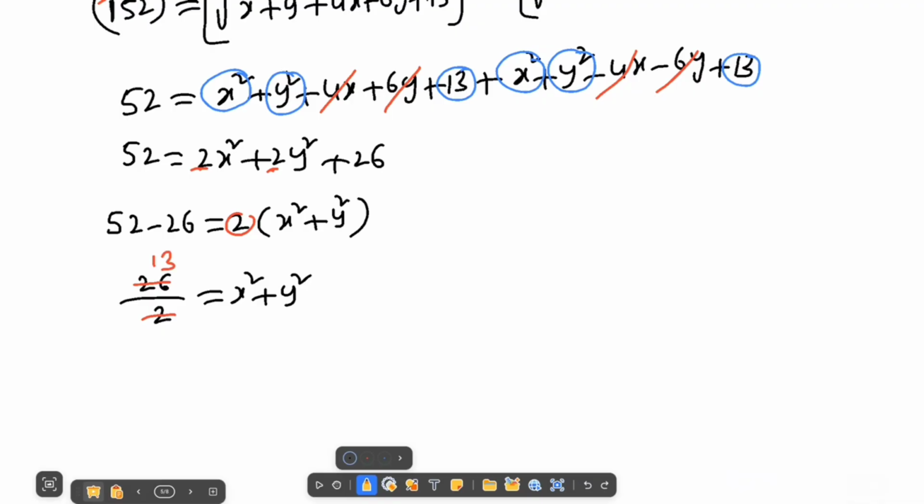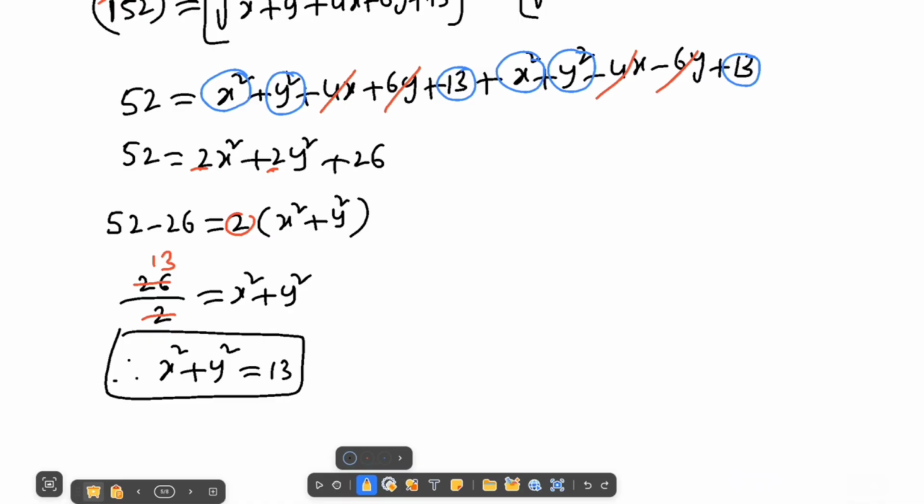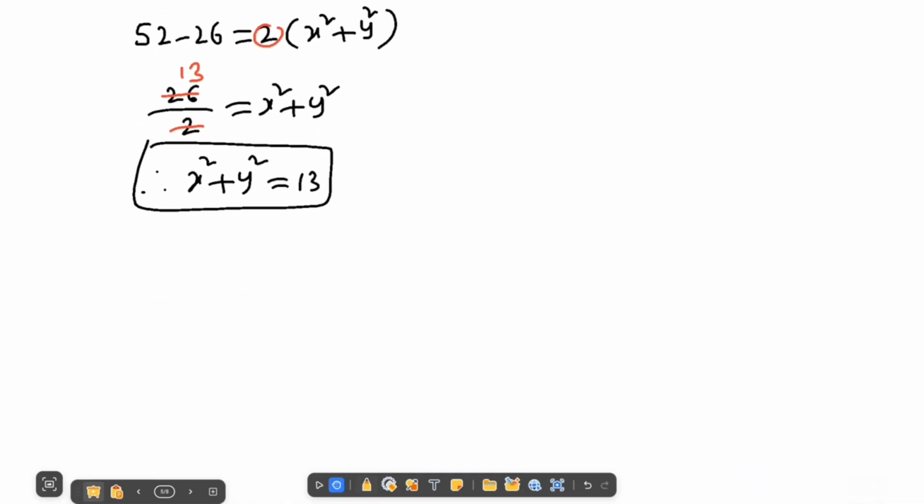Therefore the relationship between x and y is x square plus y square equals 13. Now the problem says if y is equal to 2, we have to find the x value. If y is equal to 2, what are the possible values of x?